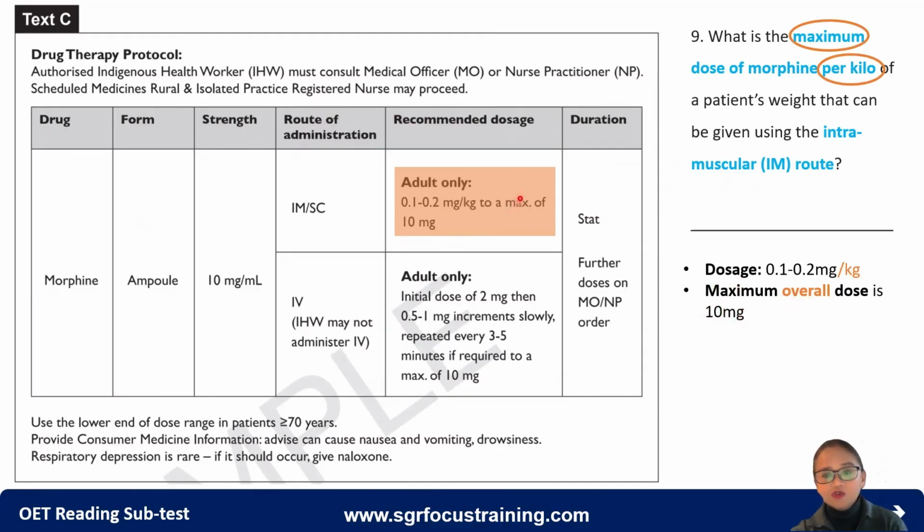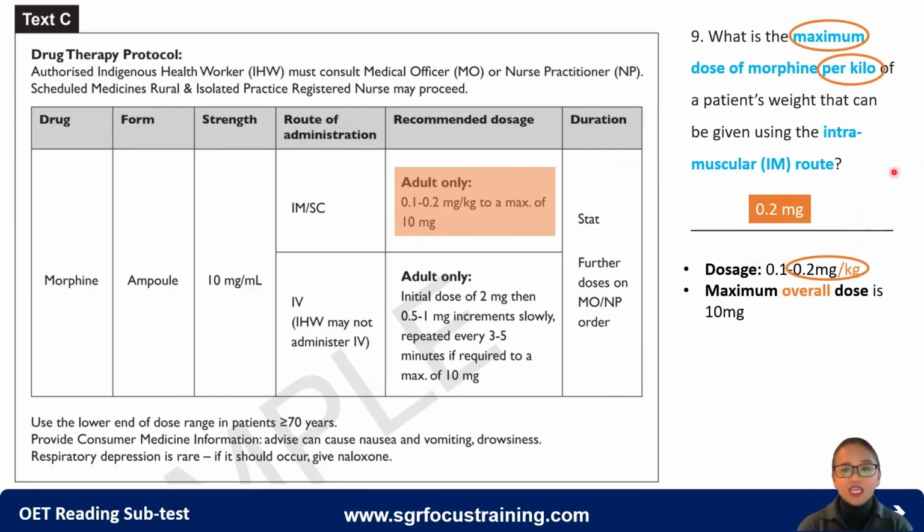So even though it's got the word maximum there, that is not the maximum per kilogram. This is maximum per patient. So that means if we're looking for the maximum per kilo, then the answer will be 0.2 milligrams. We do not add /kg or per kilogram in here simply because your question already includes the words per kilo.